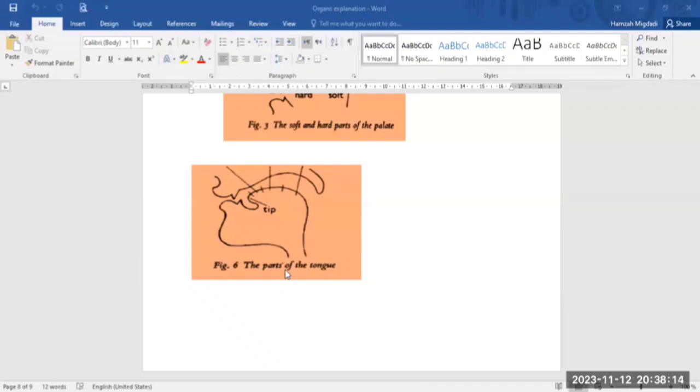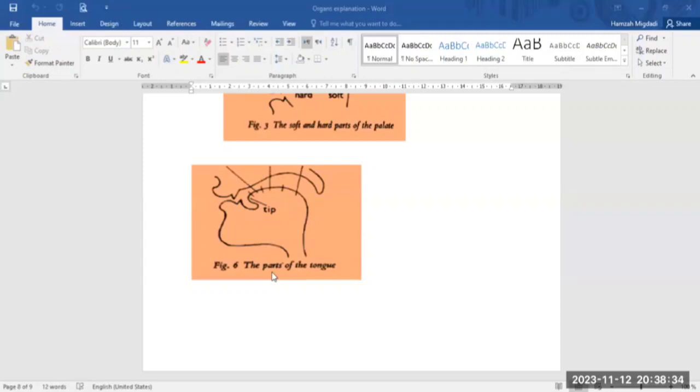And A like cat. Car, cat. You see the difference? So which part of the tongue is this? The front.